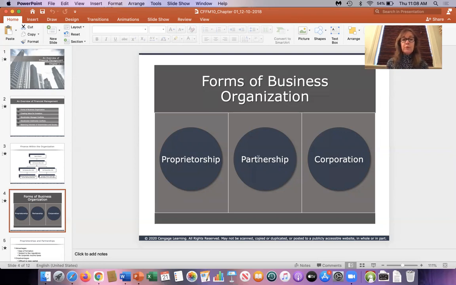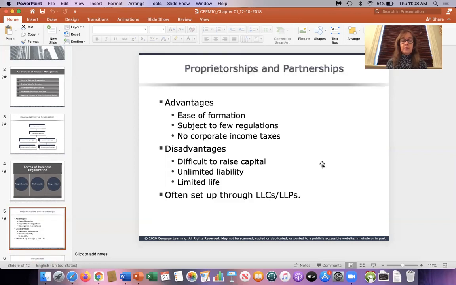Okay, so let's move on and talk about the advantages and disadvantages of each of these. The advantages and disadvantages of a sole proprietorship and a partnership are basically the same. They're easy to form.